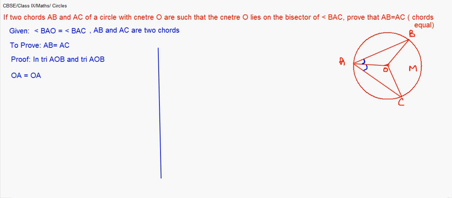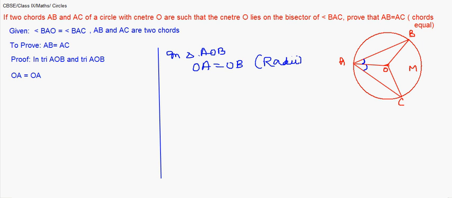Look at the triangle OAB, or AOB. I'll write AOB as I have taken there. See, OA is equal to OB, right? That's the radii of the given circle.